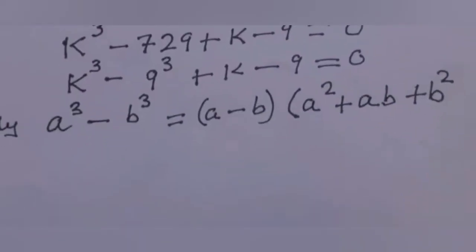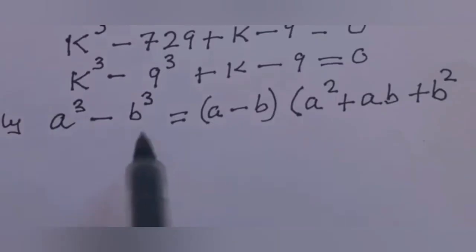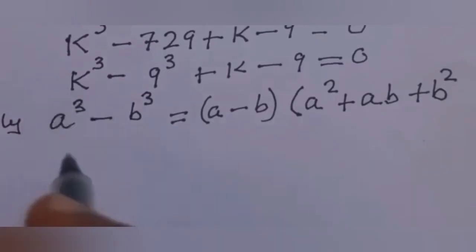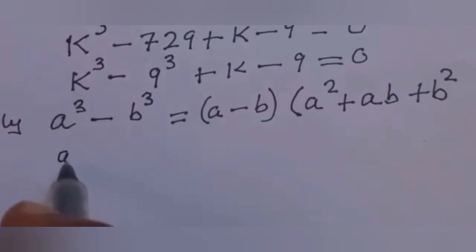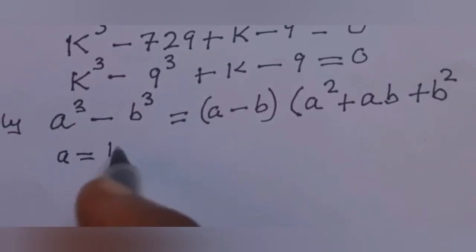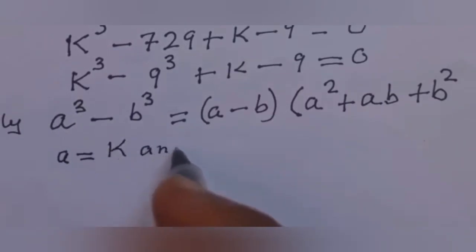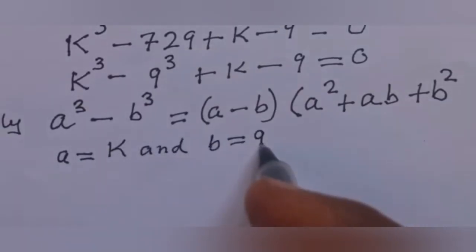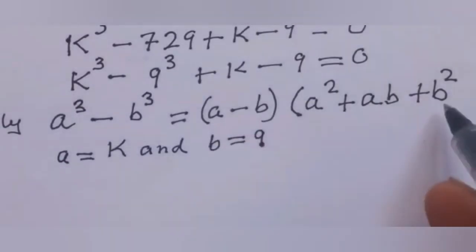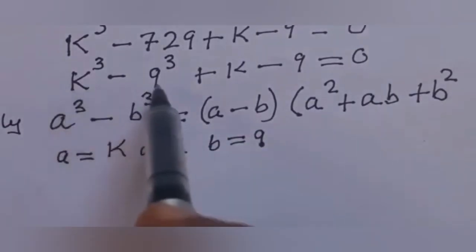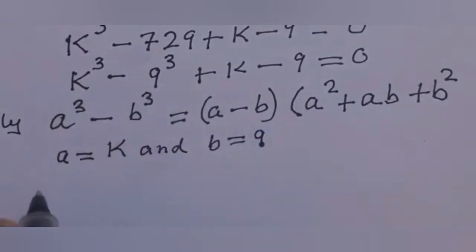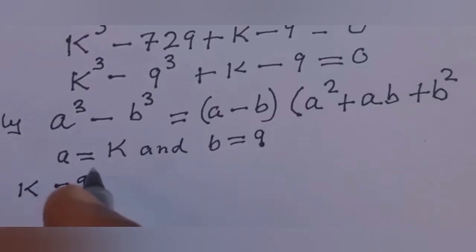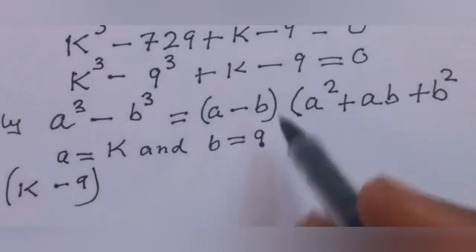So we have, in our case here, a equals to k and b equals to 9. So we are going to apply this expression in our case here. So we have k minus 9 in the bracket, which is this one.